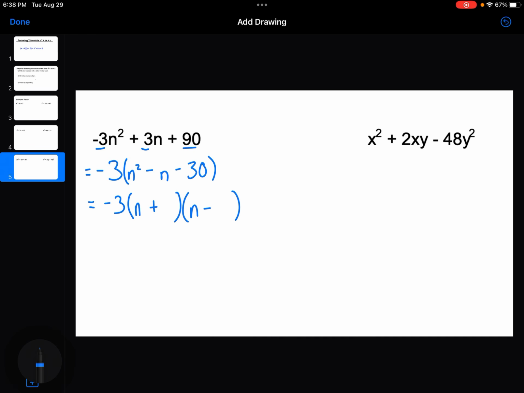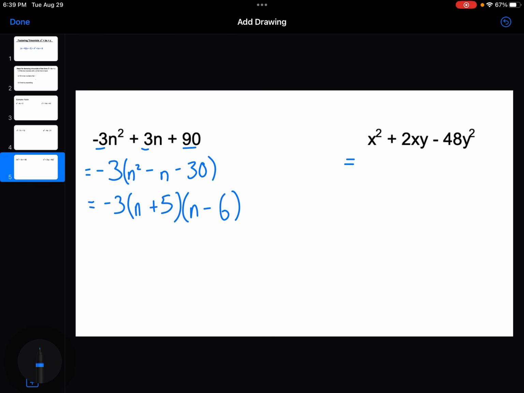But I also know that my numbers are going to be 1 digit apart because it's just -n. So I have to get 1 as my answer when I add them together or subtract them. So in this case, I know that the numbers that are 1 number apart are 5 and 6 that multiply to 30. We know that the bigger number has to be negative, so it's going to be +5 and -6.